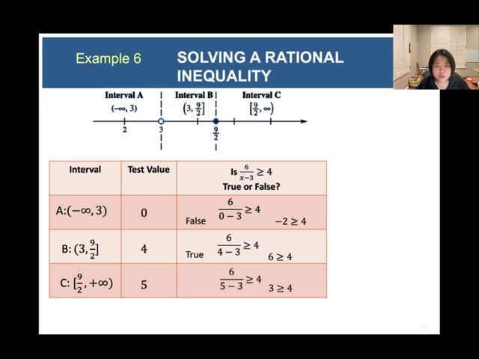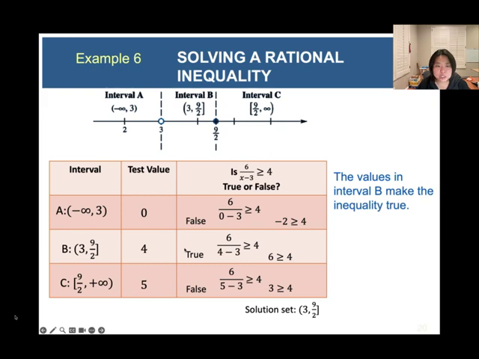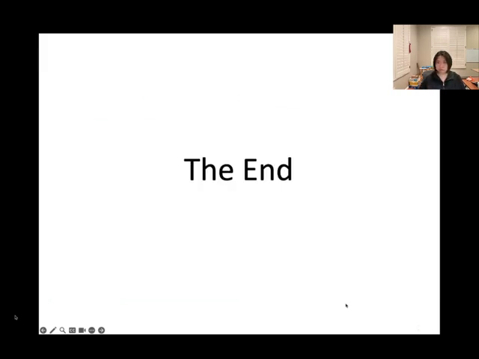You're going to get 3 greater than or equal to 4. So this is a false statement again. So only the true solution is on interval B, okay? So that will be our solution set: parenthesis 3, comma, 9 over 2, bracket. That's it.